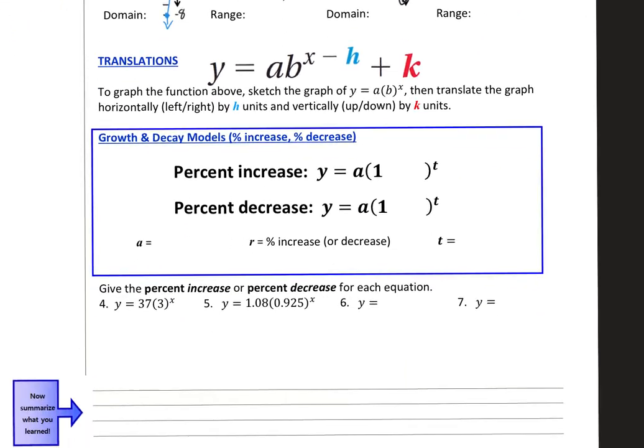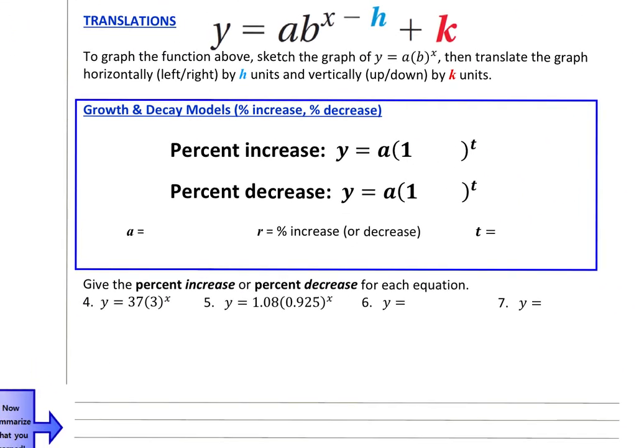Let's move on. Let's talk about percent increase and percent decrease. So if it's a percent increase, you're going to think of that b value. All of this is the b, but you're going to think of it as 1 plus r. If it's decrease, you can think of it as 1 minus r. I'll explain what I mean by this in a little bit, but the r is how we can interpret it as a percentage.